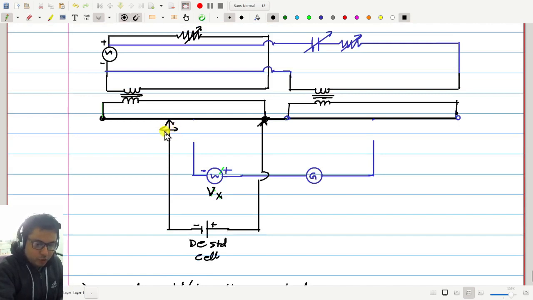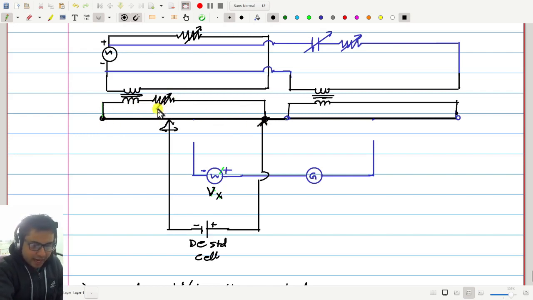Instead, what we will do now is adjust this rheostat. If we adjust this rheostat, then this current changes, and if this current changes, then this current will also change. If you want, instead of here, you can put a rheostat here. That is also okay. By changing this also, you can change this current, and therefore you can change this voltage.